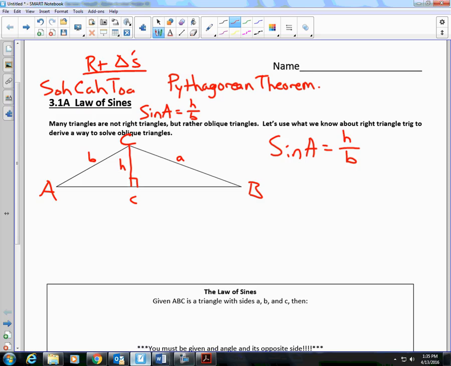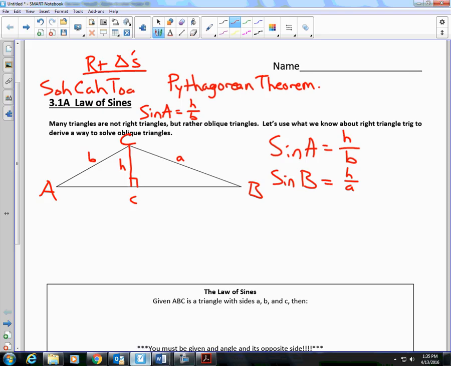And I'm going to say that the sine of angle B is equal to what? Can somebody look at angle B and tell me what the sine of angle B would be? H over A. Good. What do both those expressions share in common?